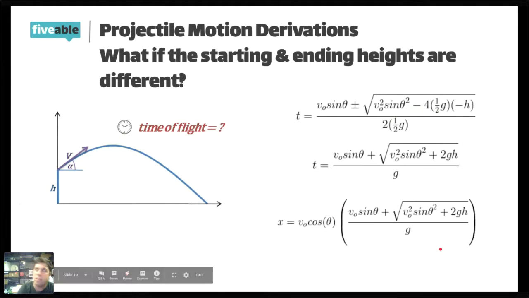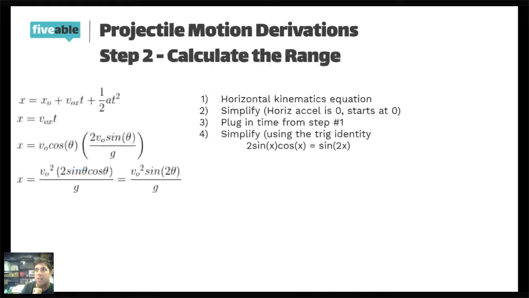And this is where the cool part, at least for me, comes in, is I can go through and say, okay, kids, what if the height was 0? Well, if the height was 0, this term disappears. This simplifies to v naught sine theta. Adding them together gives me 2v naught sine theta. And this whole equation simplifies to the same exact one that we saw back here.